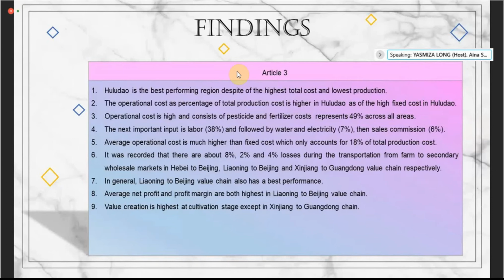The best performance despite the highest total cost and operational cost as a percentage of total production is Huludao. The cost is high and consists of pesticide and fertilizer, representing 49% across all areas.